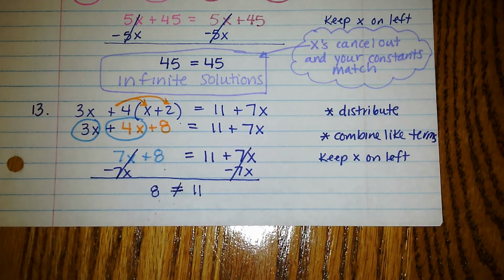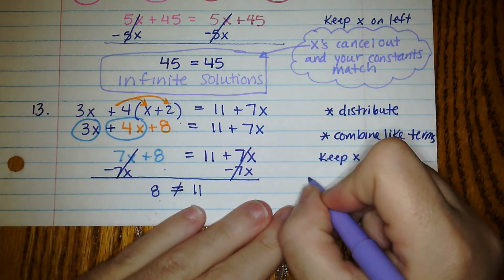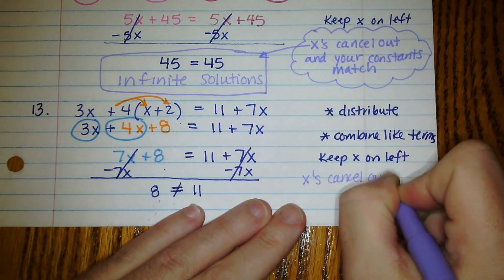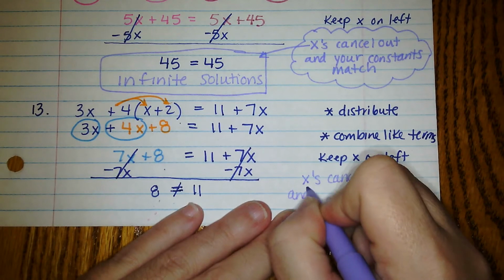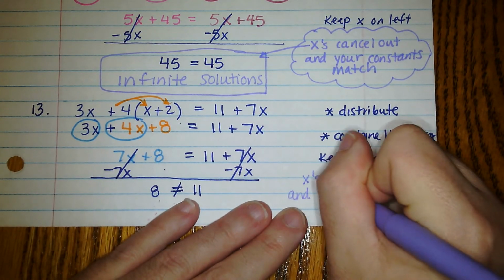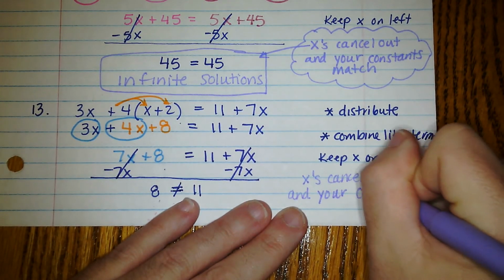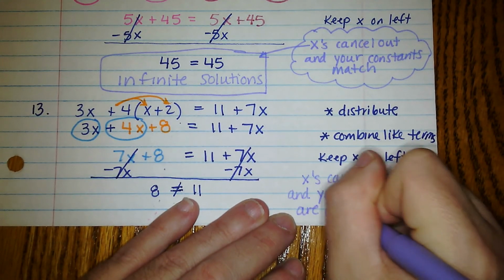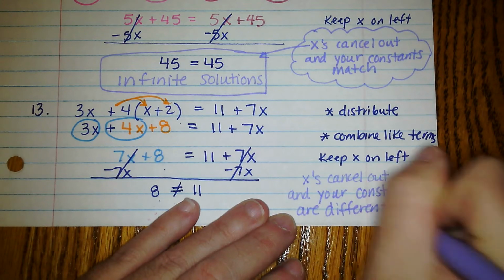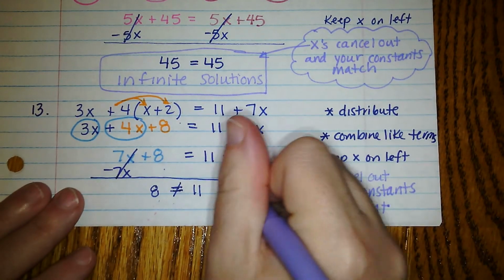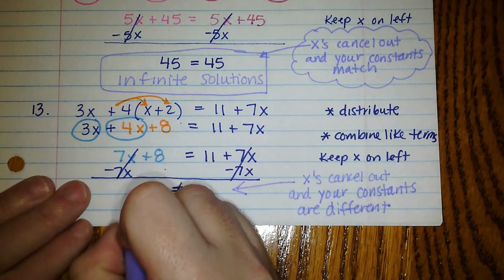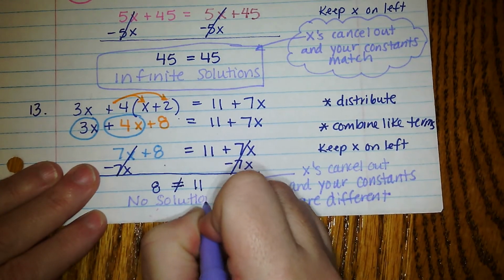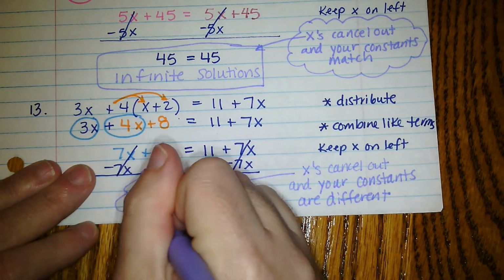And when you have, get with me, when the x's cancel out and your constants don't match, when they're different, what you have is no solution. It's no solution because 8 can't equal 11.